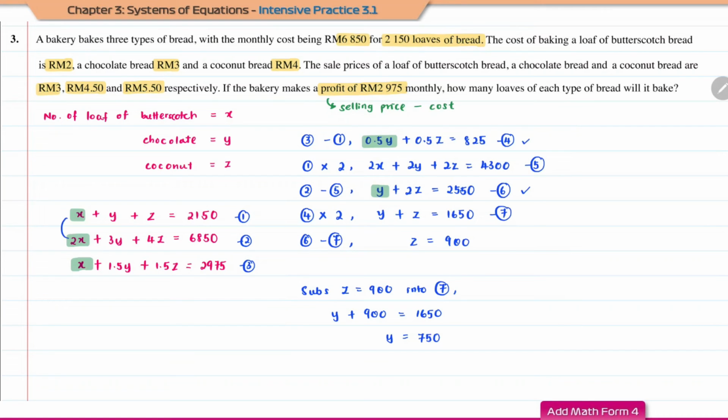So next, I'm going to substitute the y, which is 750, and the z, 900, into equation number 1 to find the value of x. So x plus 750 plus 900 equal to 2,150. All right. So later on, you're going to move this 750 and 900 to the other side. So therefore, x is going to be 500.